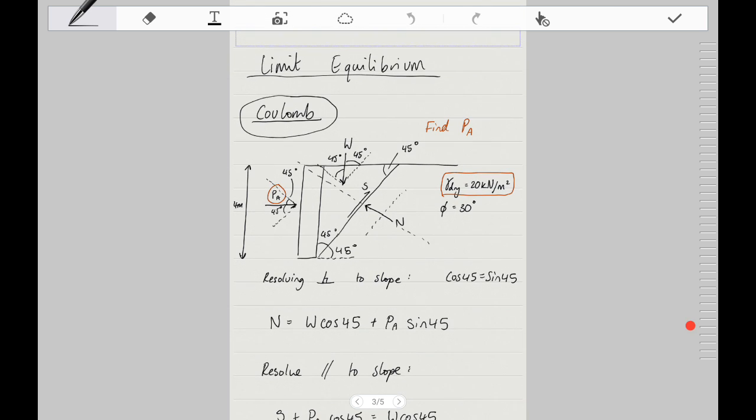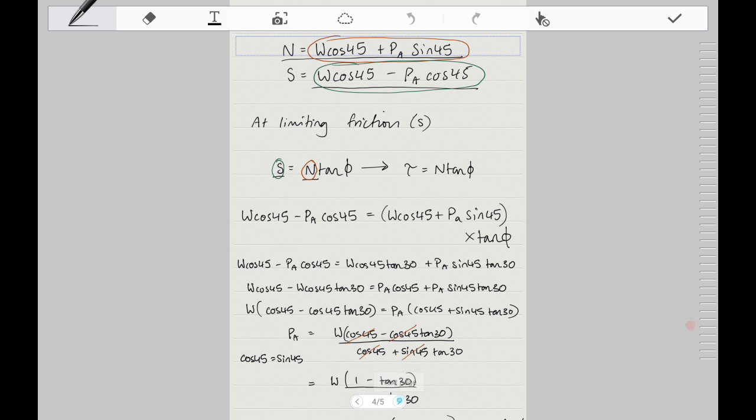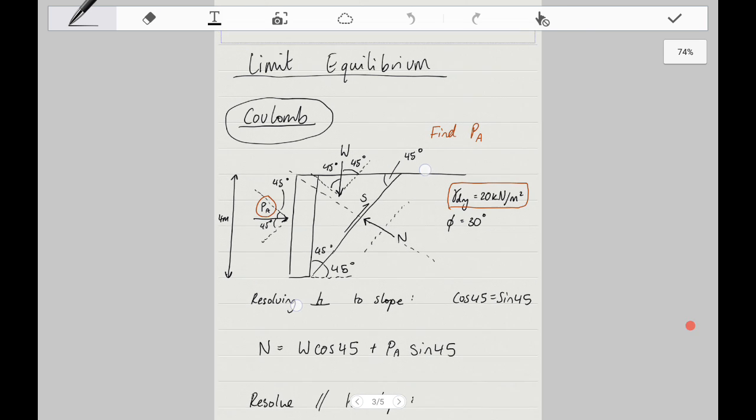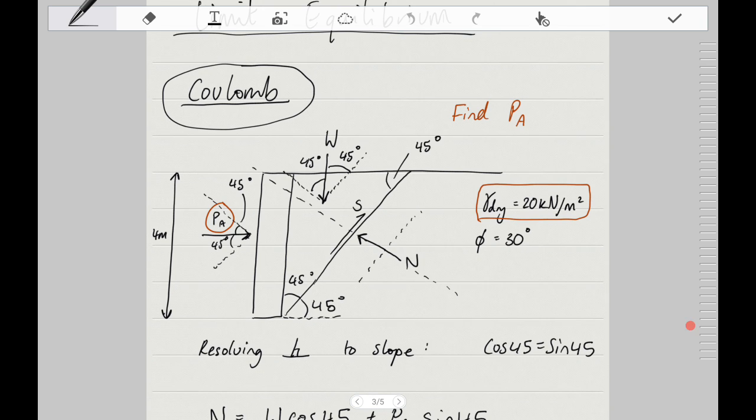Okay, so that was for the active case. The next question asks you to use the same method, this Coulomb's method, for limit equilibrium, to work out the case of a passive, so it will be called PP. Now I won't cover it, but the only thing that changes is that the P is still facing that way, you just change it to PP.